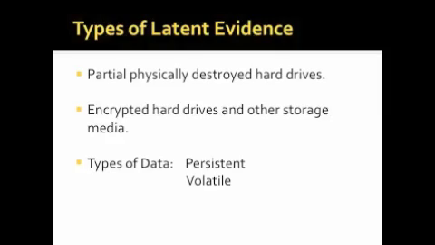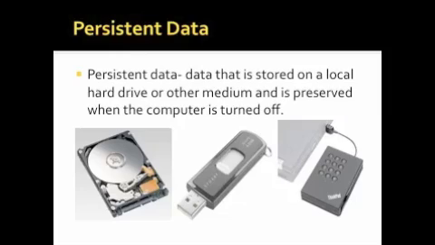Next, we will discuss the different types of latent evidence. Some types of latent evidence, for example, are partial, physically destroyed hard drives, or encrypted hard drives and other storage. There are actually two types of data. There is persistent data, and what is persistent data, you may ask?